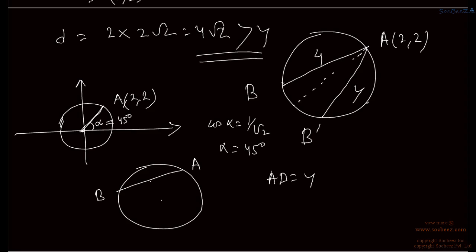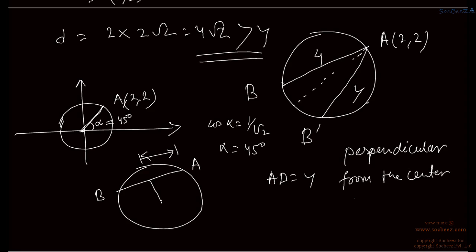So let us draw a perpendicular from the center to this chord. We already know that a perpendicular from the center bisects the chord. Let us name this point P. So AP must be 2 units, and this is given as 2√2 units, as this is the radius of the circle.